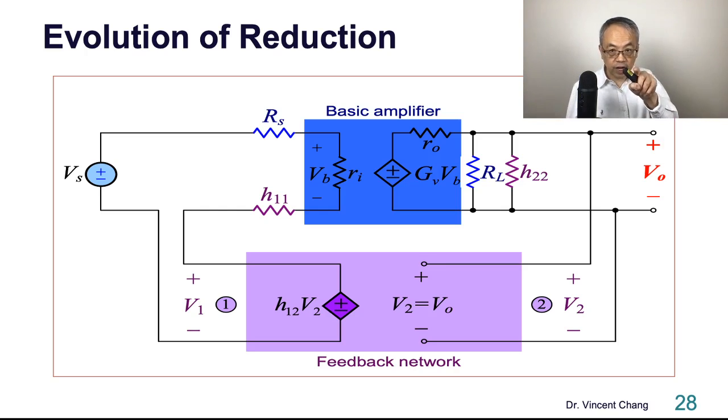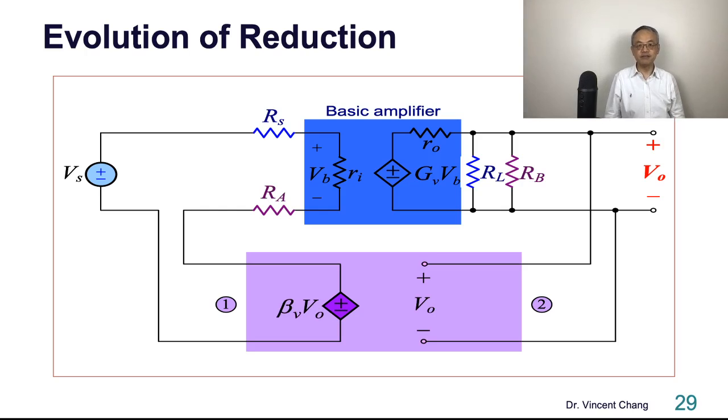You see a voltage controlled voltage source, right? Aha moment. So beta is now defined by a parameter called H12. Get it? This is very important.